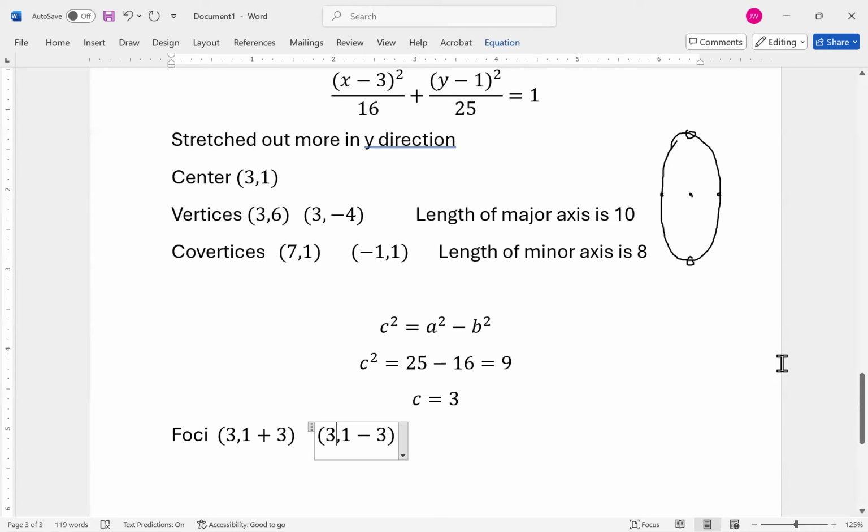That means my first focus is 3, positive 4, and my second focus is 3, negative 2.